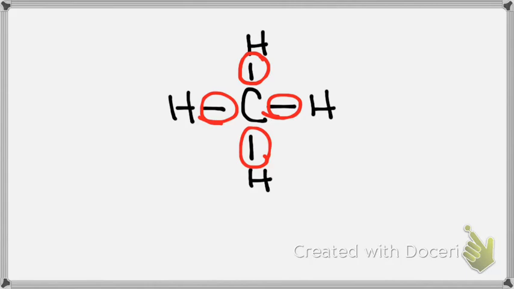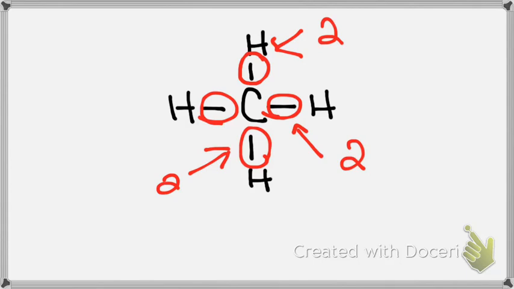We need to make sure that every atom is happy in this molecule. So if we look at this, hydrogen has 2 around it. Around this hydrogen, there are 2 valence electrons. Around this hydrogen, there are 2 valence electrons. Around this hydrogen, there are 2 valence electrons. And around this hydrogen, there are 2 valence electrons.